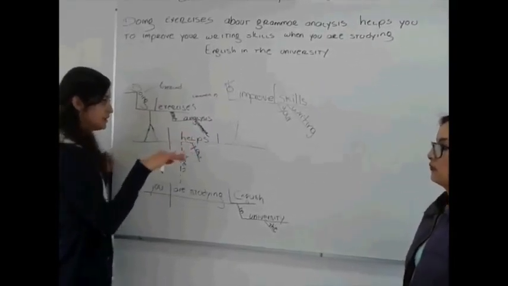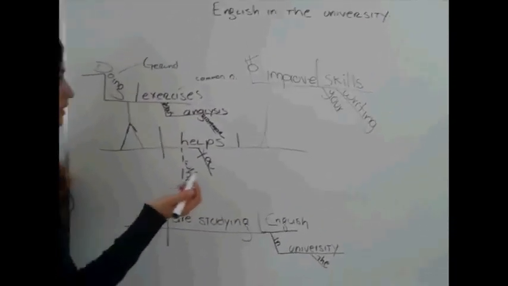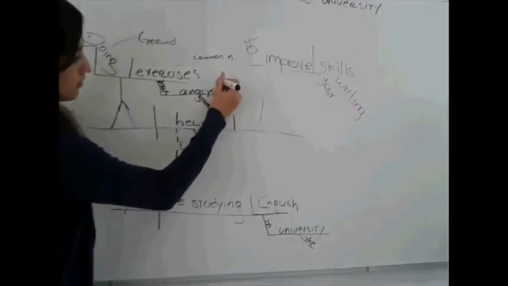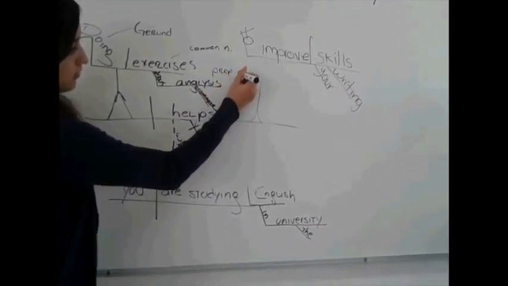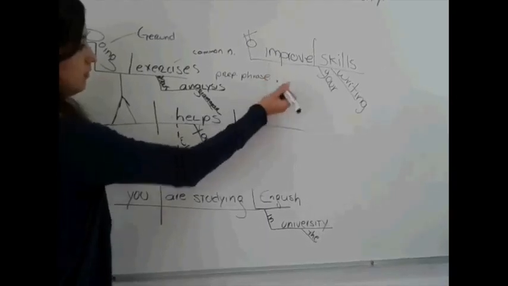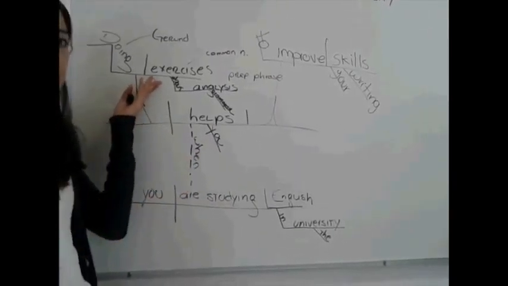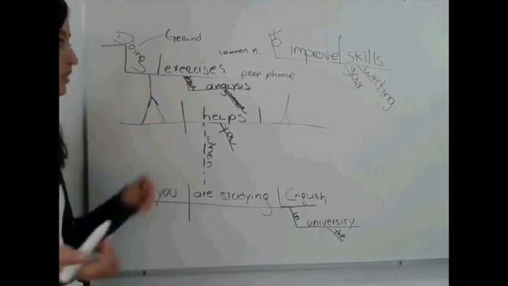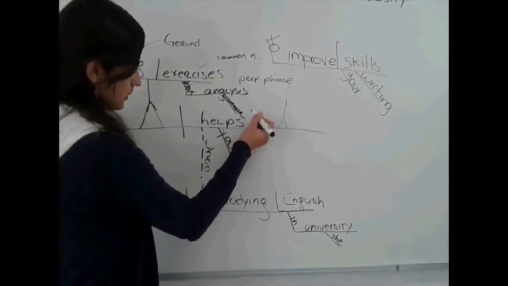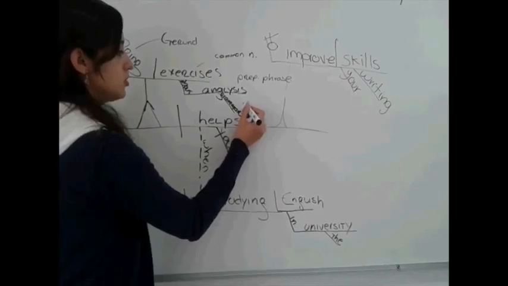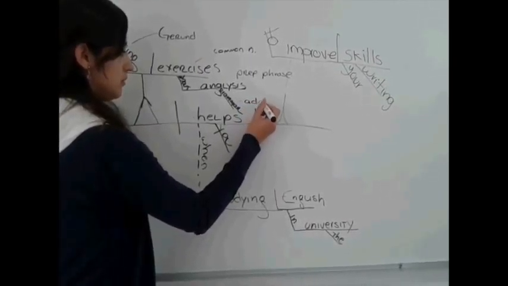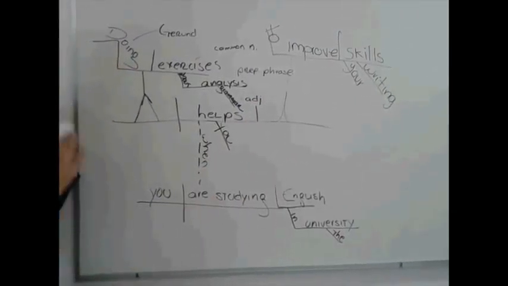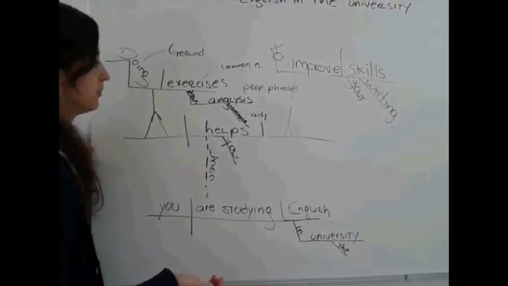About analysis, this is a prepositional phrase, in which about is the preposition and analysis the object of the preposition. Then grammar. Grammar here is functioning as an adjective. It is a noun functioning as an adjective.